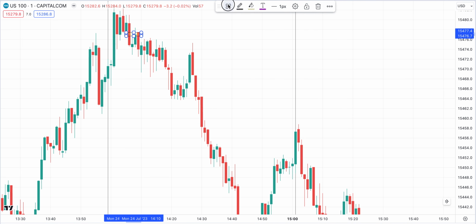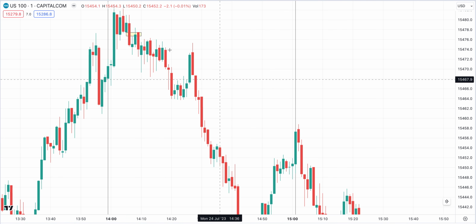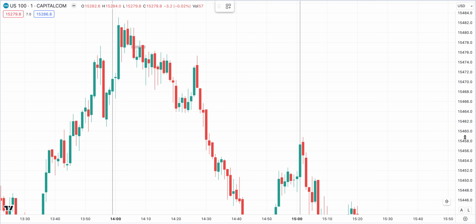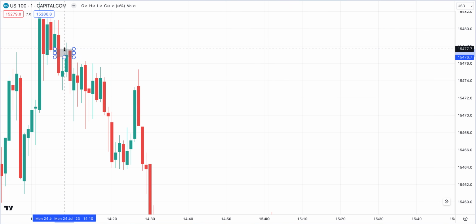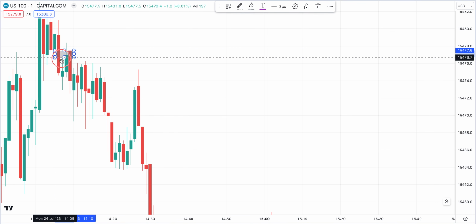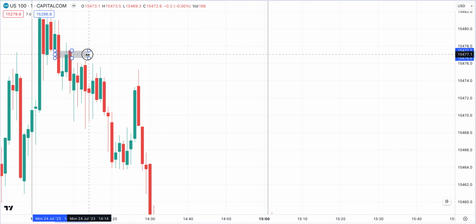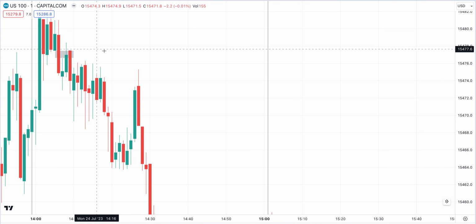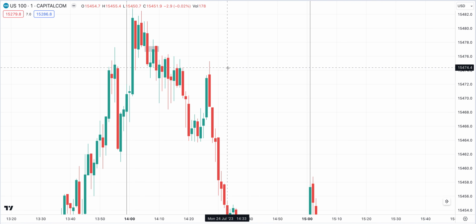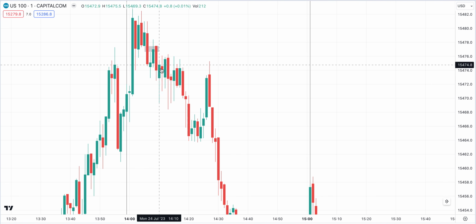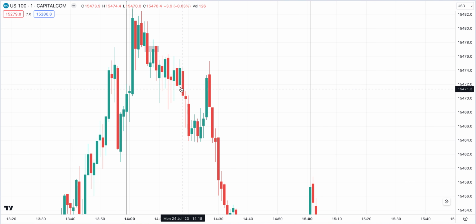Mark it as regular. So here's another fair value gap.